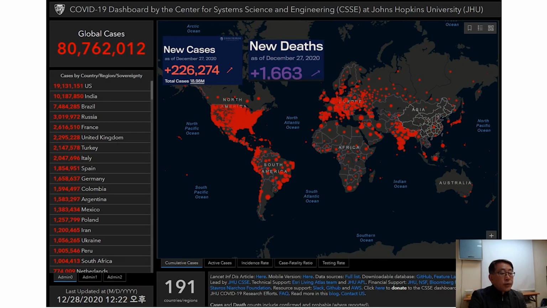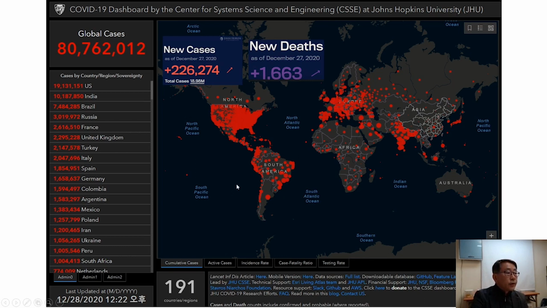This slide shows the latest numbers of this COVID-19 disease. As you can see on the left top, there are more than 80 million people diagnosed with COVID-19 so far, as of December 27th. And the death toll is more than 1.7 million people, which is a huge number.